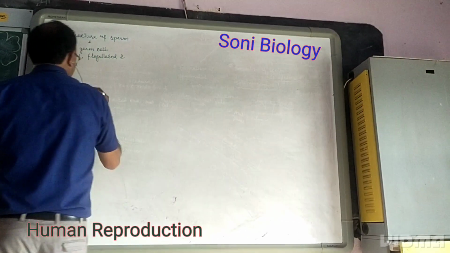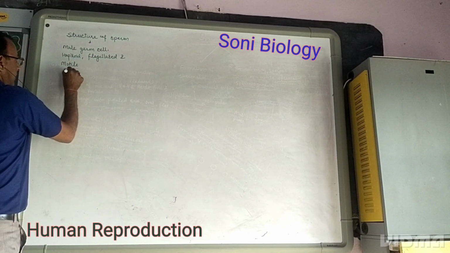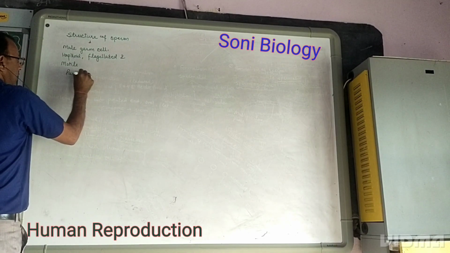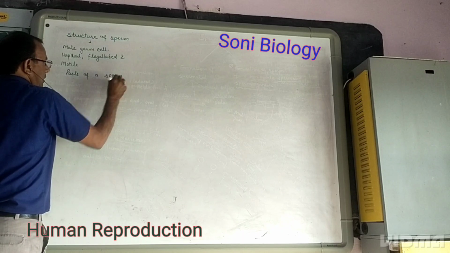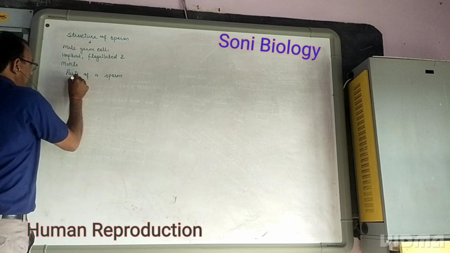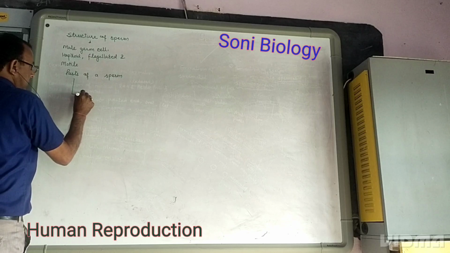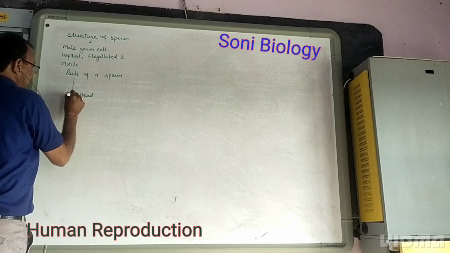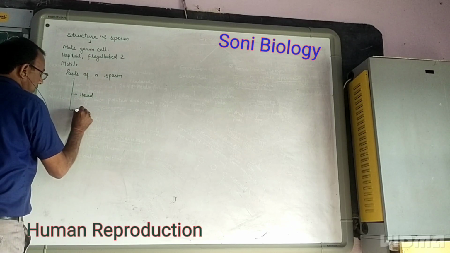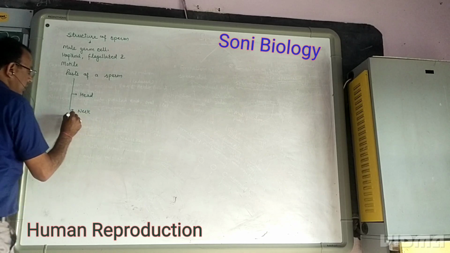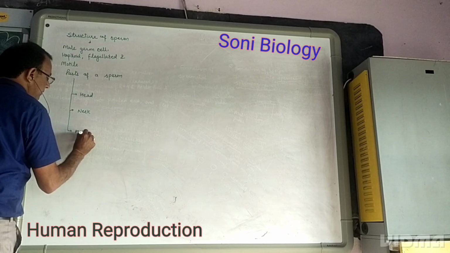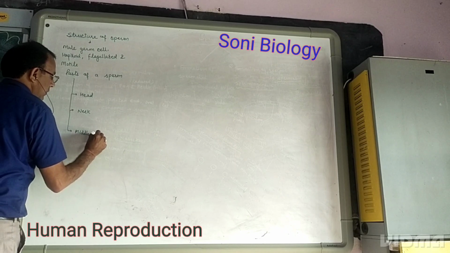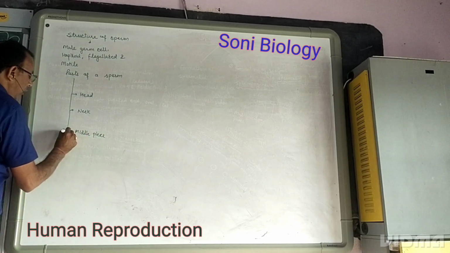A sperm consists of four parts: head, a small neck zone, middle piece, and a long tail.